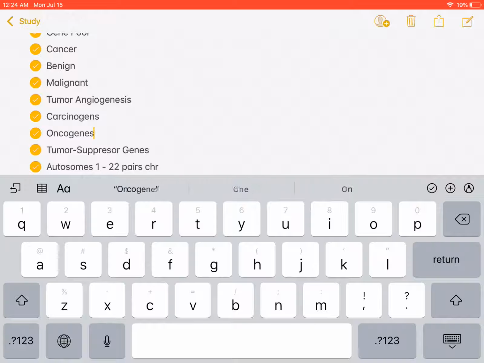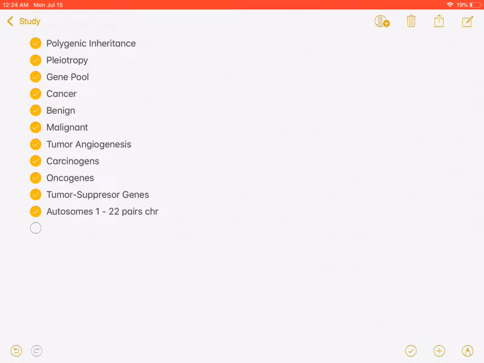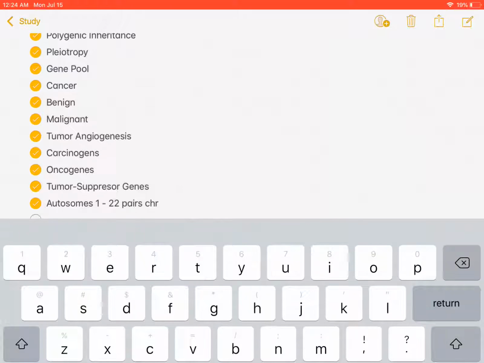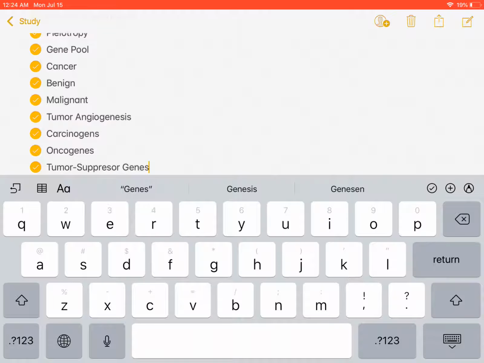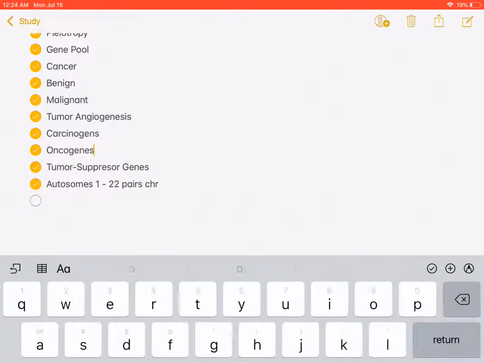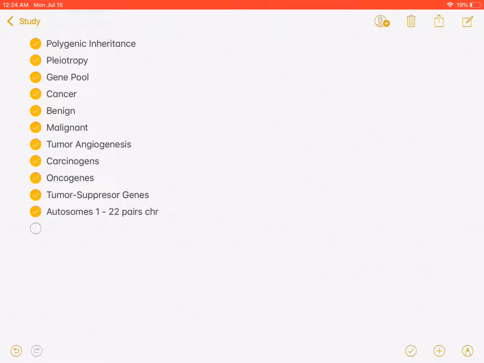Oncogenes and tumor suppressor genes, we are all born with a certain percentage of oncogenes and tumor suppressor genes. The oncogenes code for cancer production, cells to replicate at a quick rate, where tumor suppressor genes do the contrary. If you were to be born with a higher percentage of tumor suppressor genes, you would be less likely to develop a cancer.